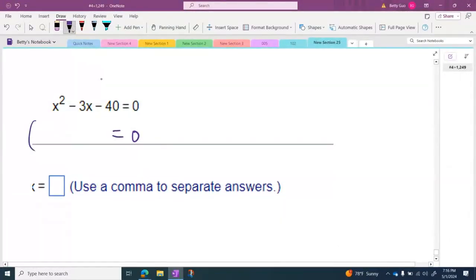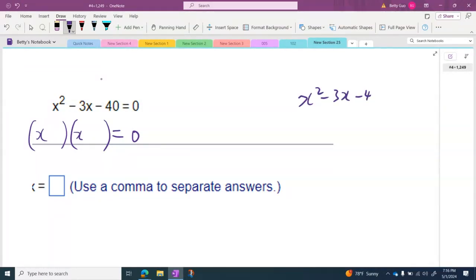Right side 0, left side: let's do the shortcut. X squared minus 3x minus 40. We need to find two integers that multiply to negative 40 and add up to negative 3. The two numbers must have opposite signs, and the negative number has the bigger absolute value.